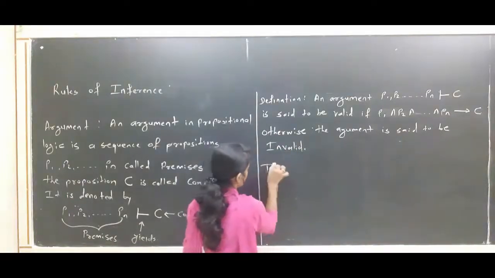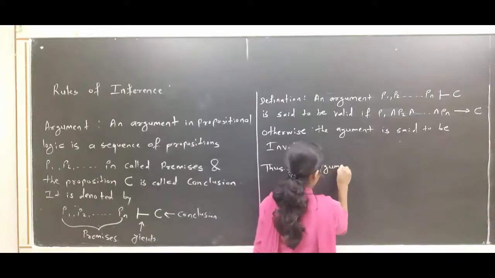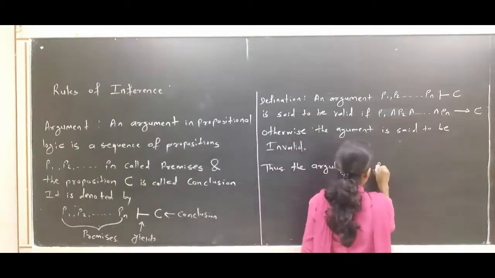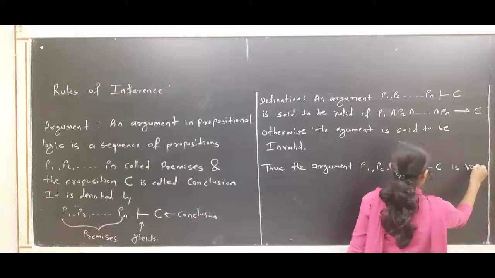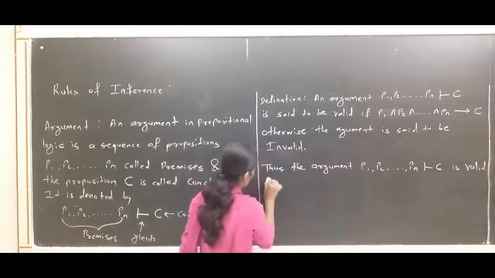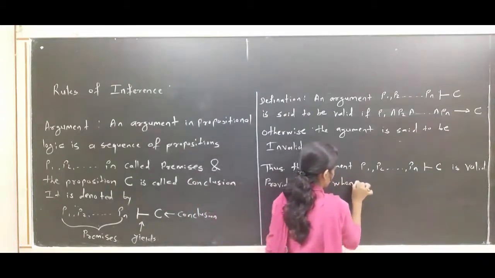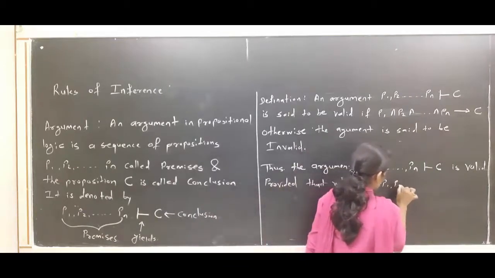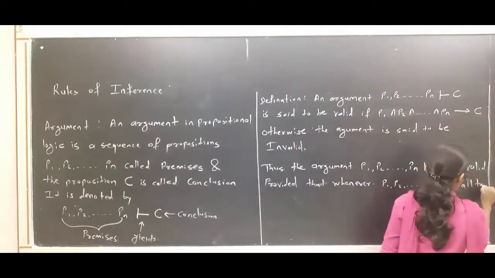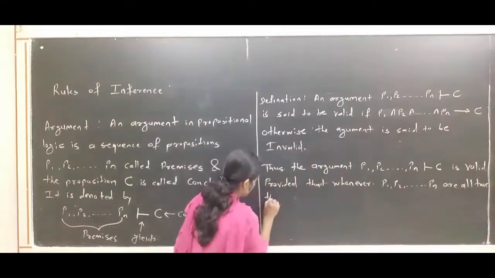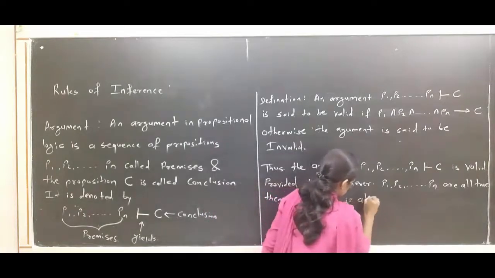Thus the argument P1, P2, P3 and so on up to Pn yields C is valid provided that whenever P1, P2, P3 up to Pn are all true, then the conclusion is also true.